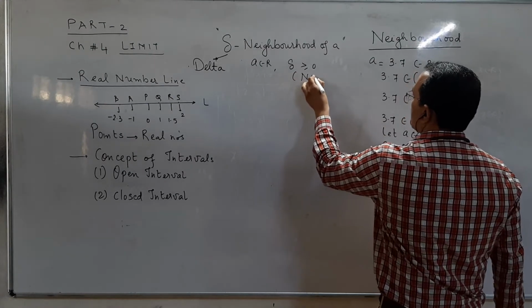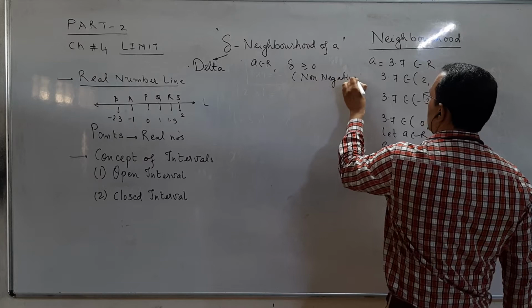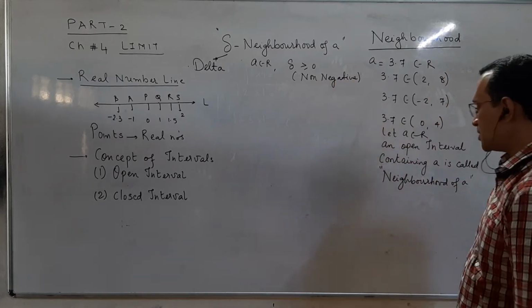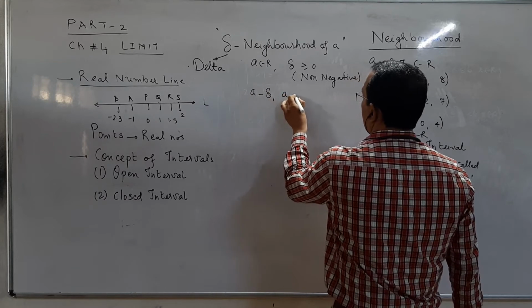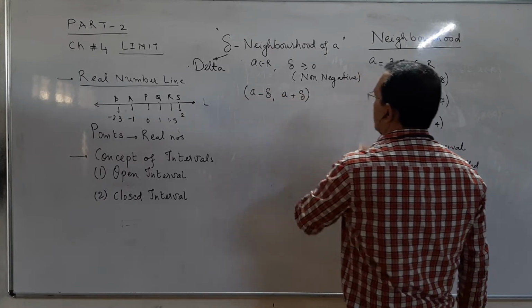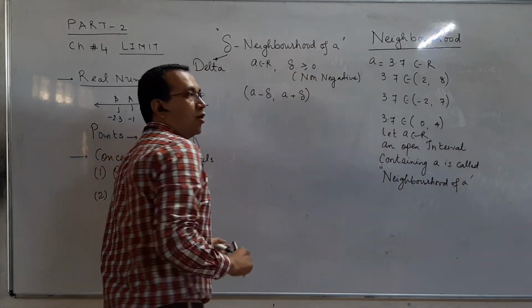Non-negative means greater than or equal to 0. Then the open interval A minus delta to A plus delta is called the delta neighborhood of A.